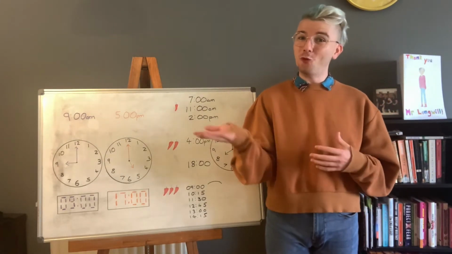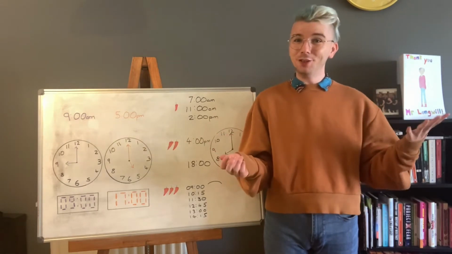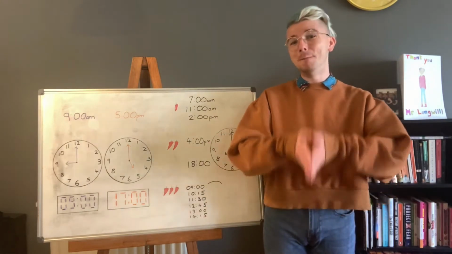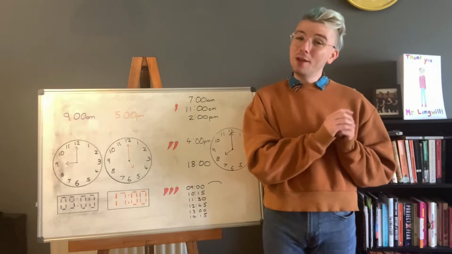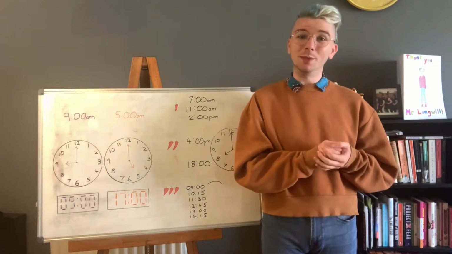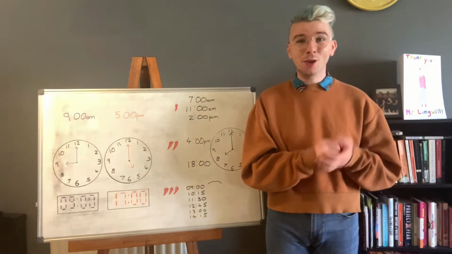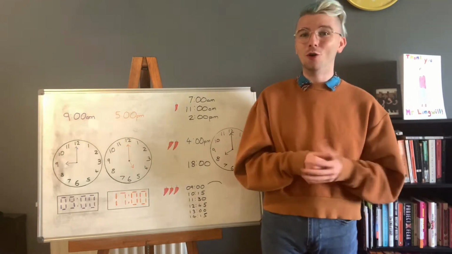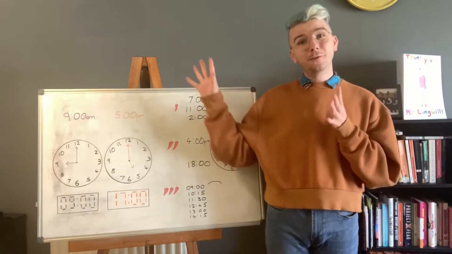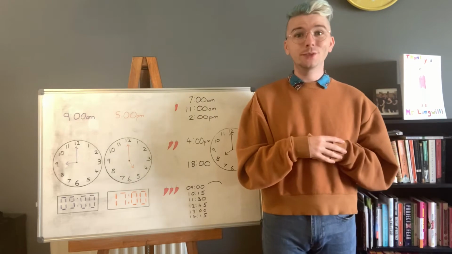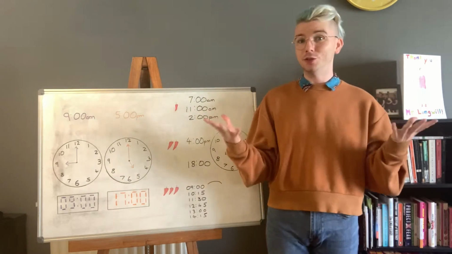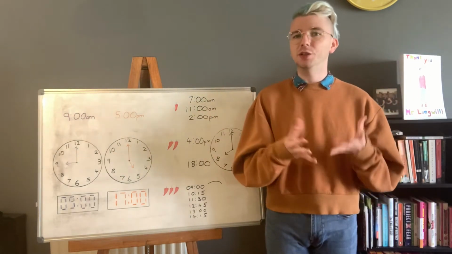Ante means before, post means after, and meridium means midday. So if you ever see AM, you know that the time is in the morning, and if you see PM, you know the time is in the afternoon or night. Now, this first way of denoting the time is known as 12-hour digital display, or a 12-hour digital clock.